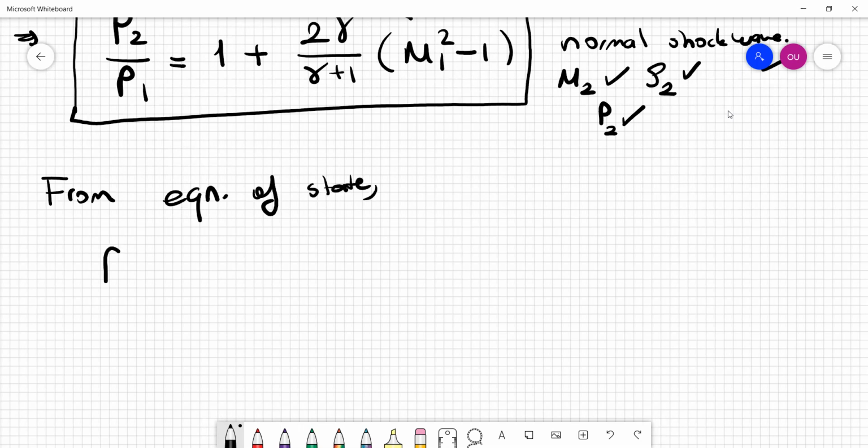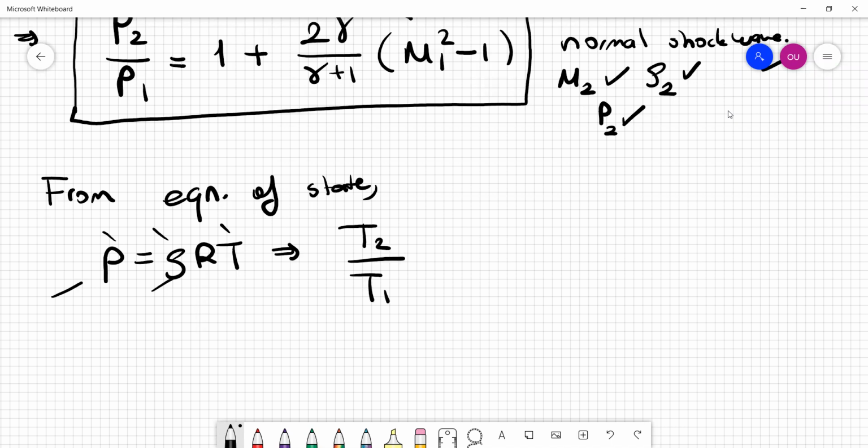Why do I want to use the equation of state? Because it relates pressure to density to temperature. I have already obtained expressions for pressure and density, so I can just take temperature out of this picture. I can get T2 over T1, the temperature rise across the shock; I say rise because I know temperature increases across the shock wave.